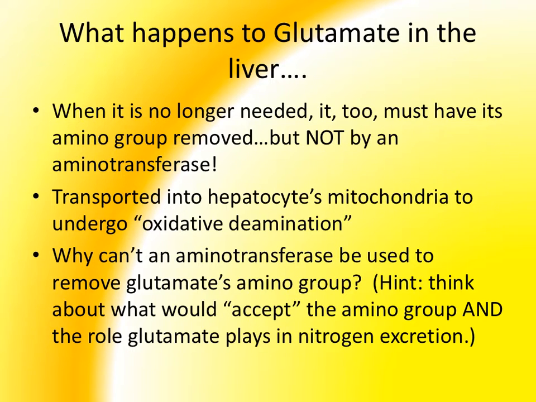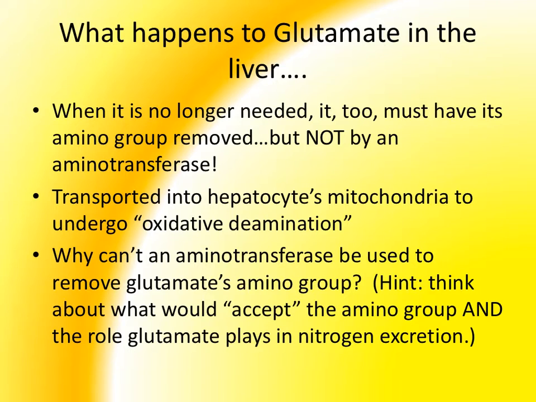Glutamate cannot be used by the normal aminotransferases. The answer is because what amino acid can accept a nitrogen? You would just make the same amino acid over again, and so it'd be a futile cycle. So we have to have some other type of way.